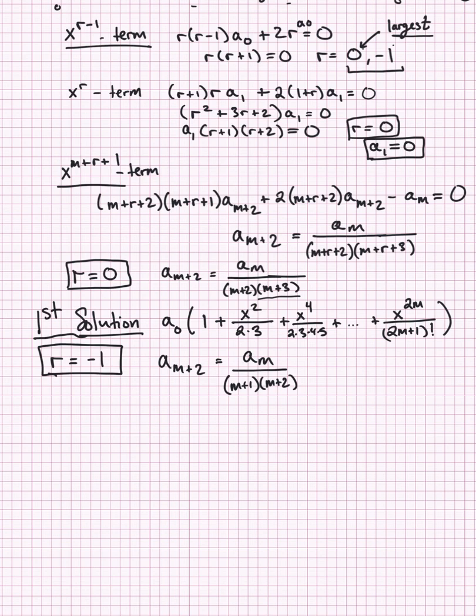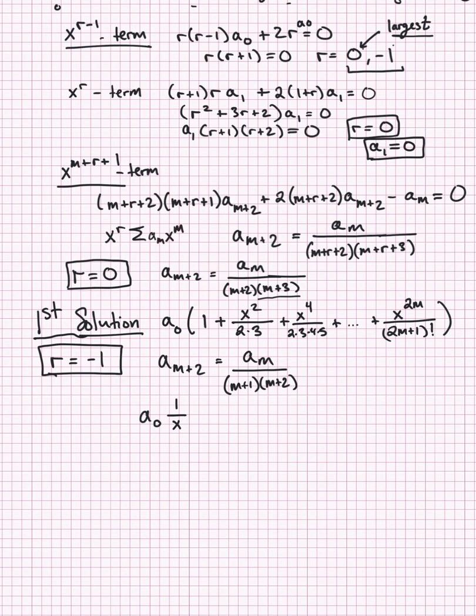So the solution for r equals minus 1: a constant, so again maybe I'll just call this a naught, and then we have 1 over x, because remember, our general solution is of the form x to the r times the sum of a_m x to the m.